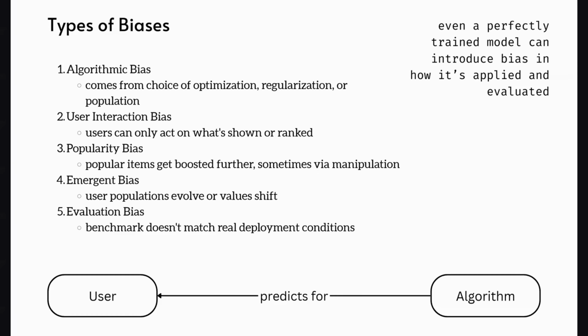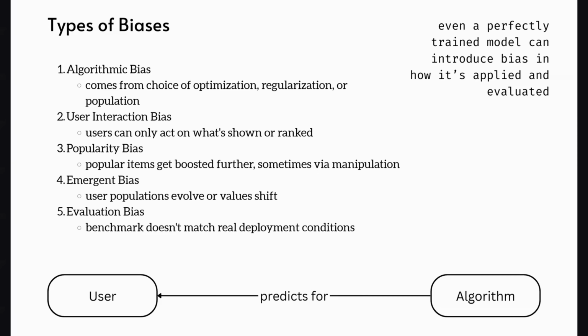The user is not taking the full potential of the whole data that it has. That is kind of user interaction bias. Users can act on only what is being shown to them, what is being ranked. The popularity bias is when heavily interacted items get shown often, and due to that, less popular items do not get enough of the stage that they are supposed to.